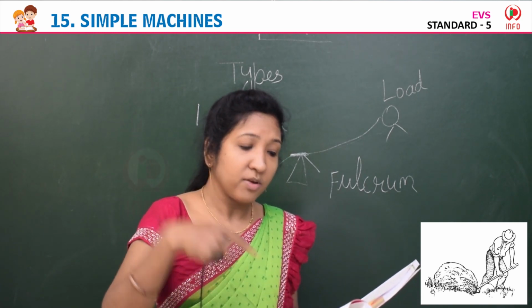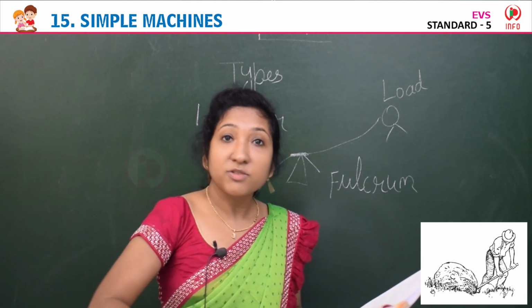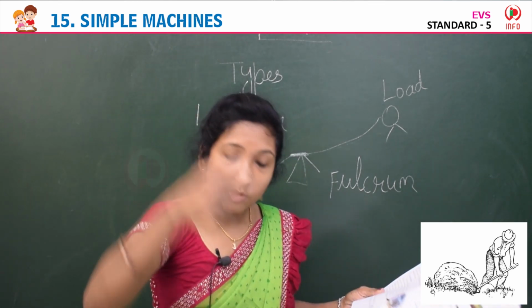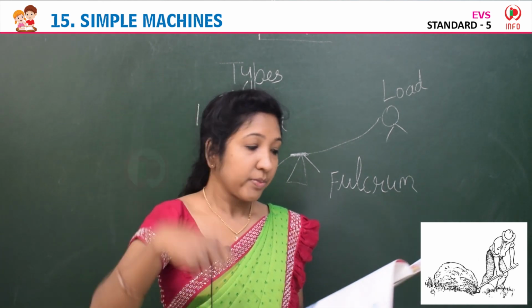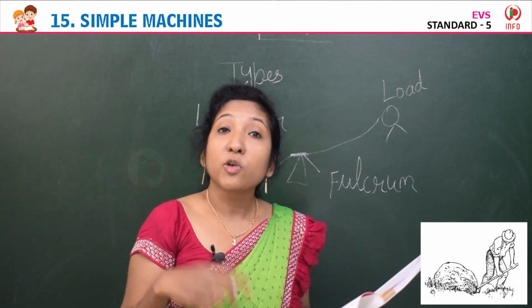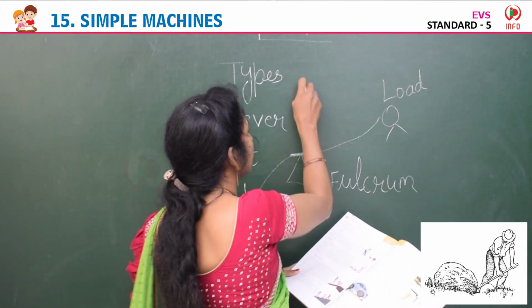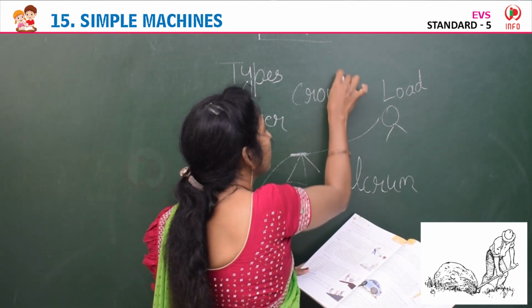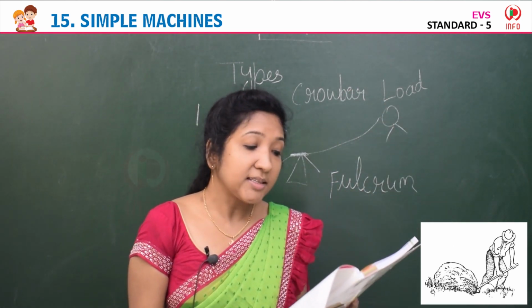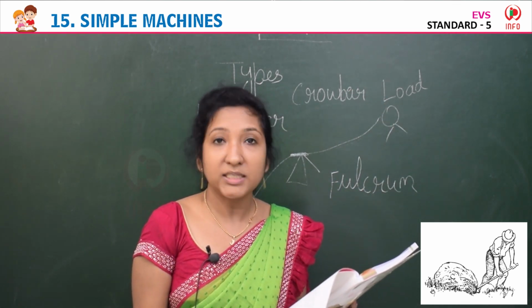Here also two ways are there to lift any heavy object from the ground. Using your hands you can lift it. The other is a rigid rod, a lever called a crowbar. And the crowbar makes the lifting of a heavy object easier.